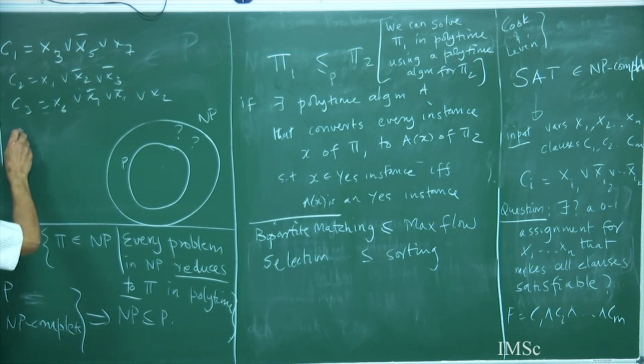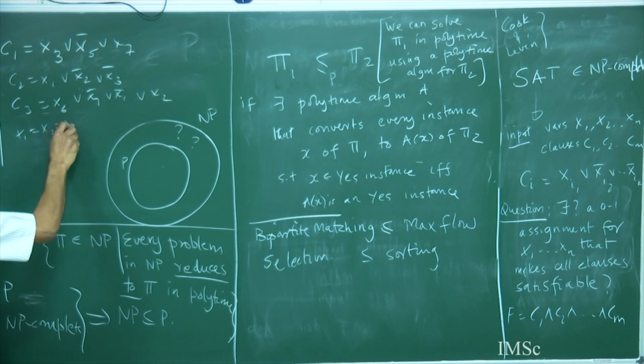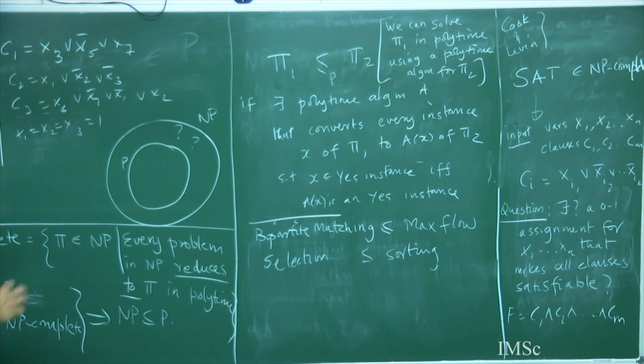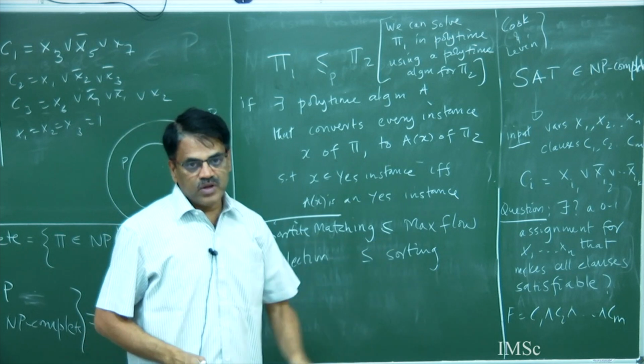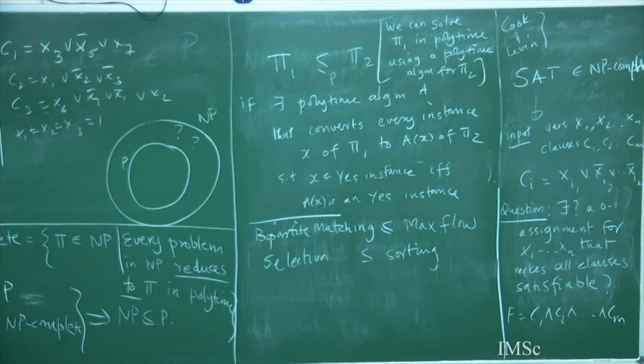One such assignment would be x1 equal to x2 equal to x3 equal to 1, and the remaining you set whatever you want. So, this satisfiability problem is in NP because if the answer is yes, it is satisfiable, and you are trying to convince me, you just have to give me an assignment. I will plug it into the formula and check whether this assignment satisfies it. So, it is in NP.